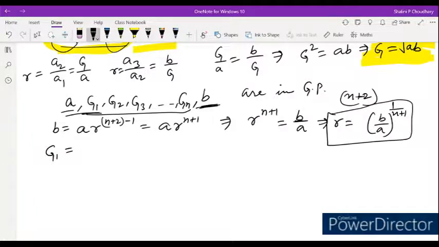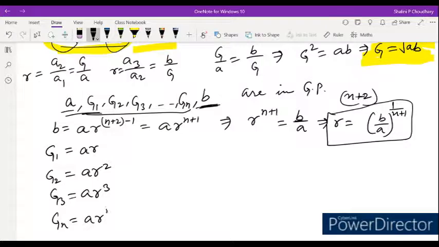G1 is the second term, it means AR. G2 will be AR square, G3 AR cube, so Gn is AR to the power n. A's value is there and R's value is B upon A to the power 1 upon n plus 1.